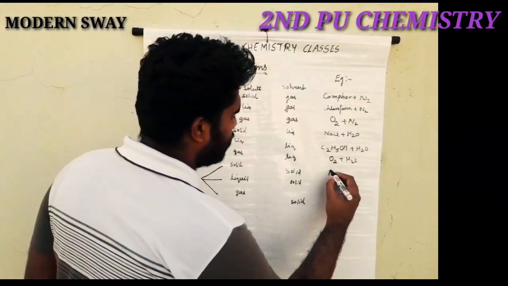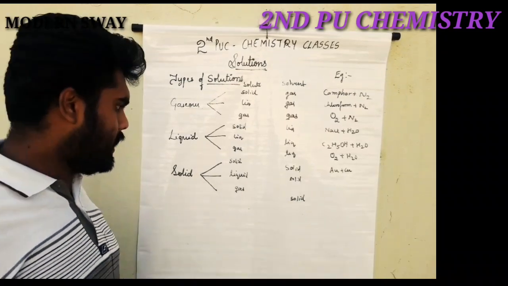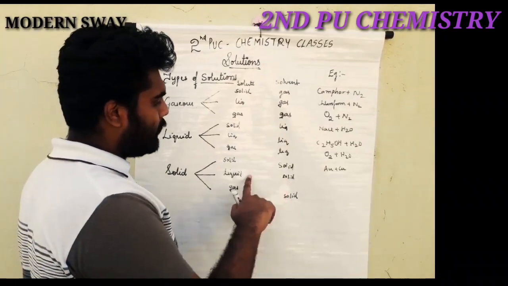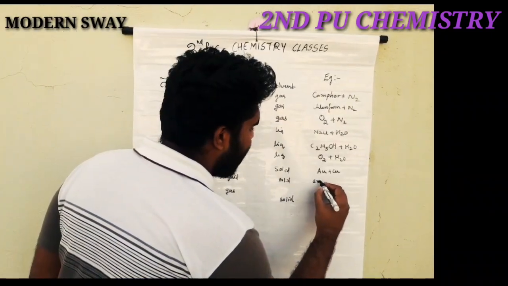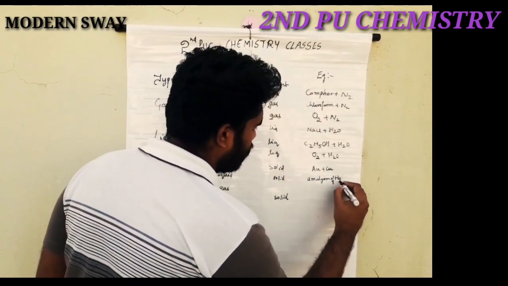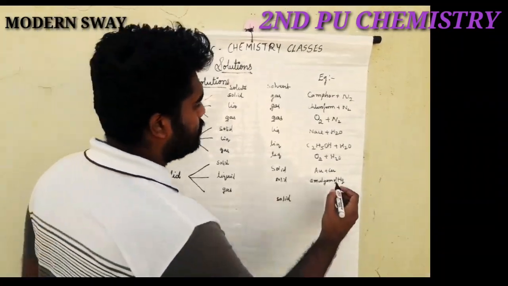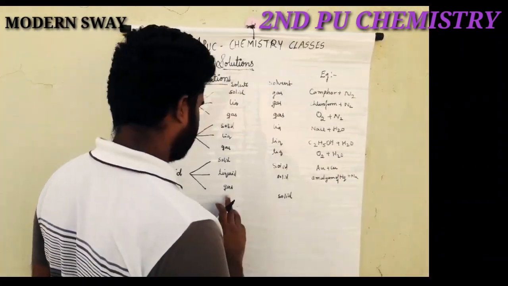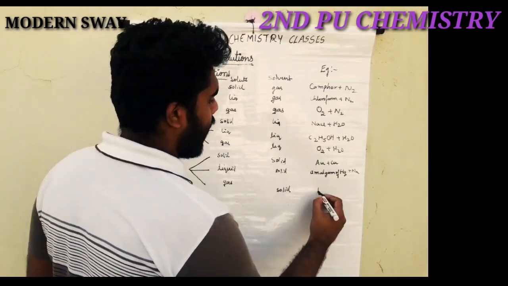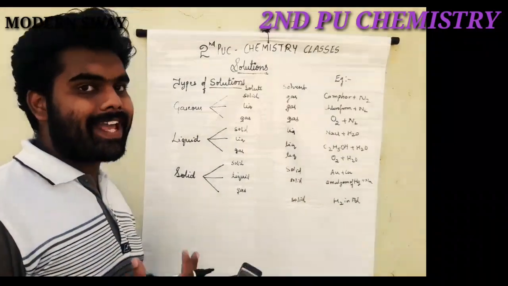You can give copper dissolved in gold. Next, liquid in solid: you can give amalgam of mercury, Hg, with sodium. Gas in solid: hydrogen in palladium. You can give these examples.